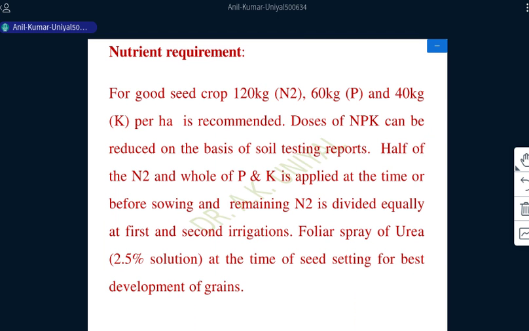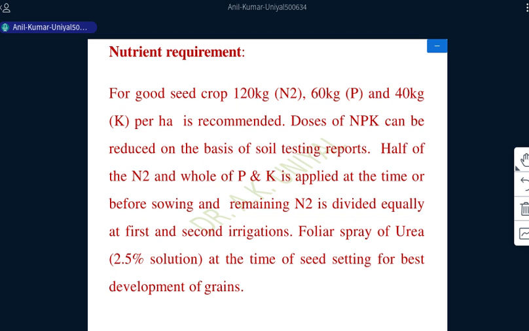Now we come to nutrient management for cultivation. For a good crop of wheat we need 120 kg of nitrogen, 60 kg of phosphorus, and 40 kg of potassium, which is recommended for 1 hectare field. Doses of NPK can be reduced or revised on the basis of soil test reports.